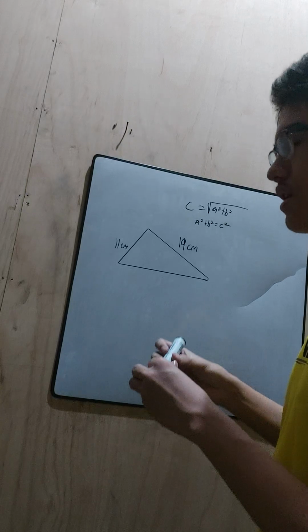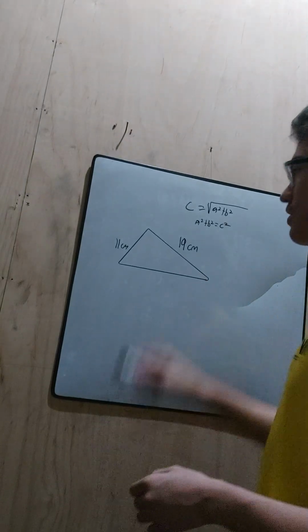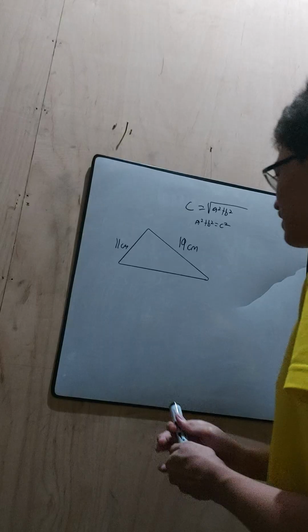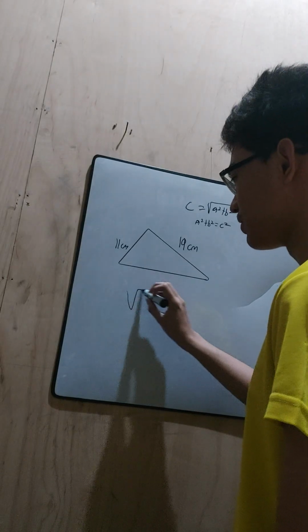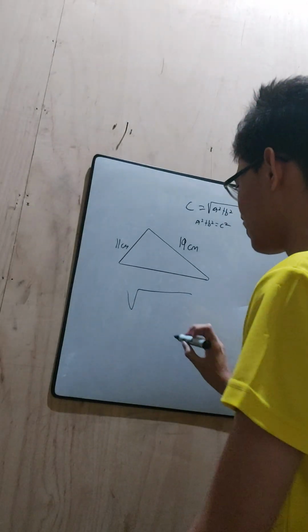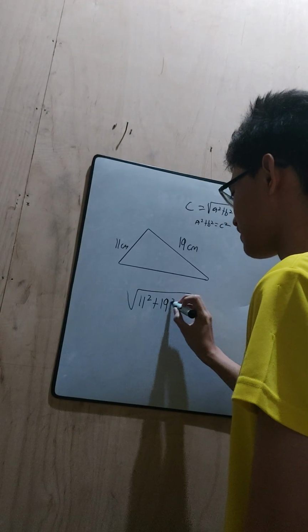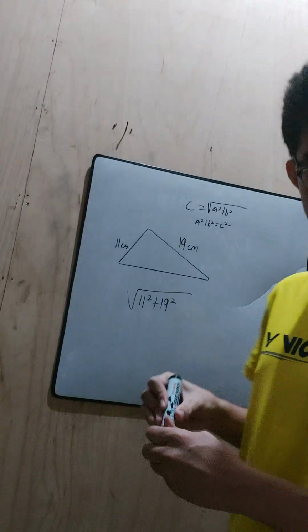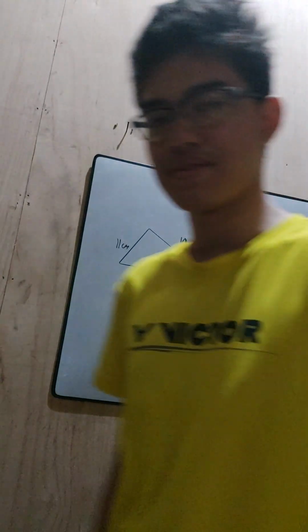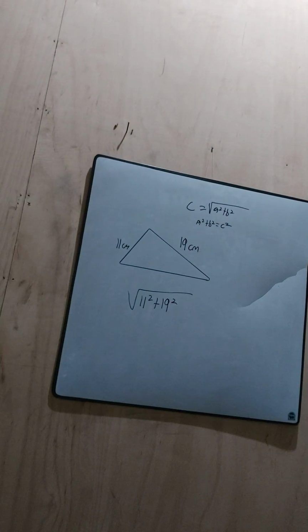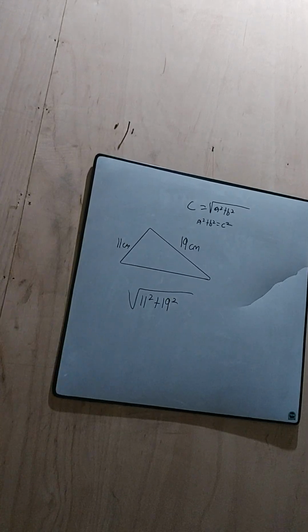Taking the square root of C squared, that's C. Our objective is to get C. So substituting the values into the formula, we will get 11 squared plus 19 squared. It's actually that simple. Now to get the square root of the sum of 11 squared plus 19 squared, that will be the square root of 482.